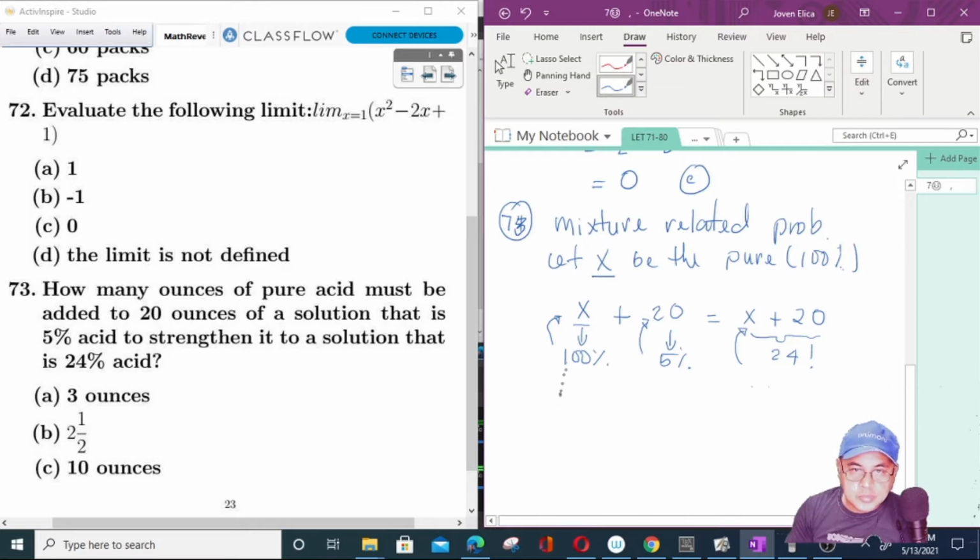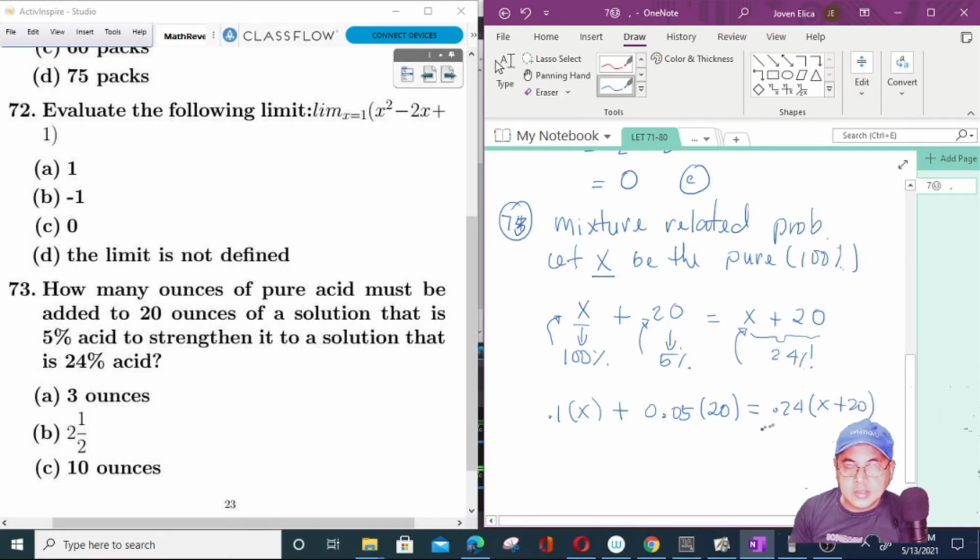So this is 100%, that is 1 multiplied by x, plus 5% is 0.05, so 0.05 of 20 is equal to, this is percentage, 0.24 times x plus 20.